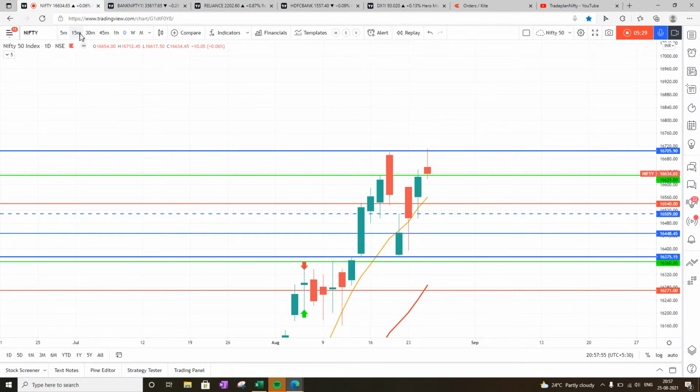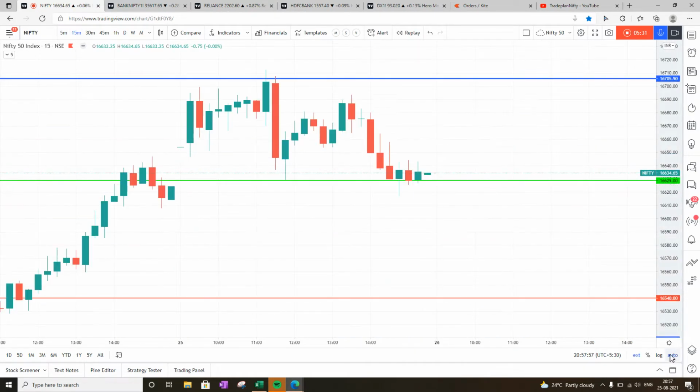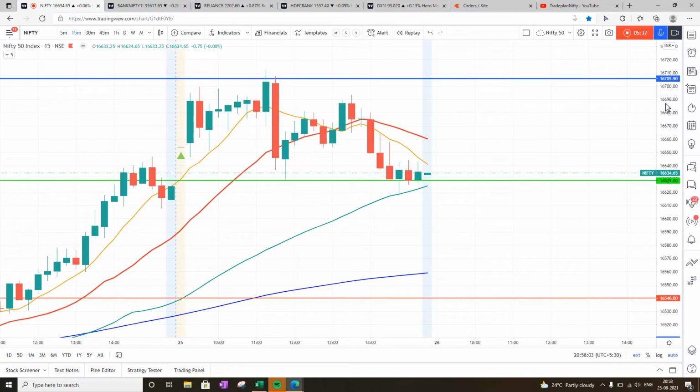With that in background, when we look into the 15-minute chart, we see that today the market closed below the 20 bar, below the 8 bar, and just above the 50 and above the weekly H4. So here the trend has reversed, and we see that here the market closed today.